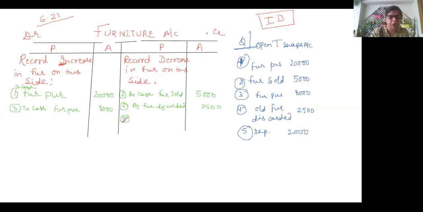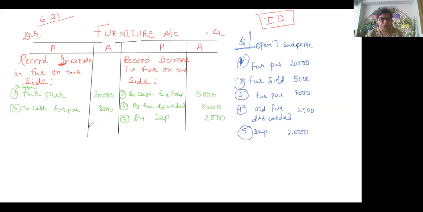First, furniture purchase means value increase. Then furniture sold means value decrease. Then again furniture purchase means value increase. Furniture discarded means value goes down. And last, depreciation means the value of furniture is reducing by 2,000.